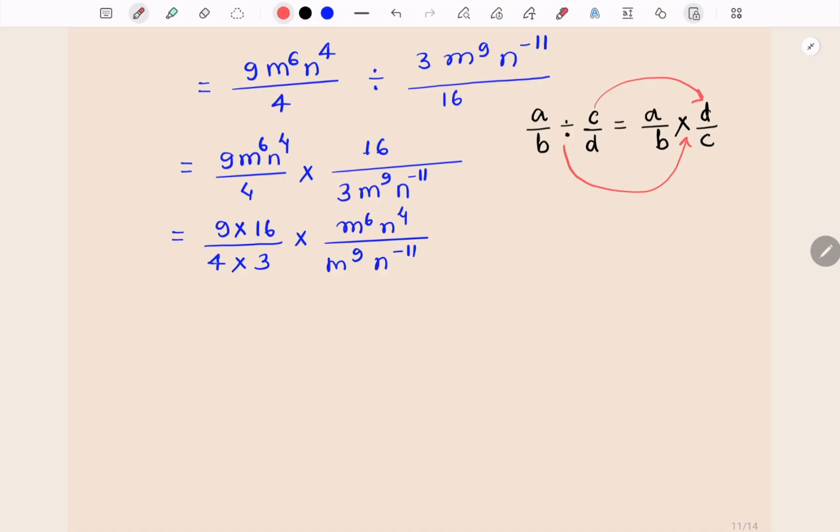Look carefully, I can cancel out 16 by 4, 4 times, and 9 by 3, 3 times. So that gives me 12.